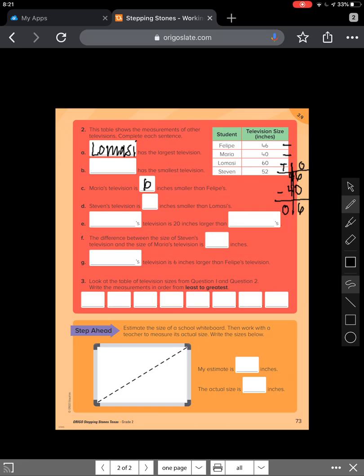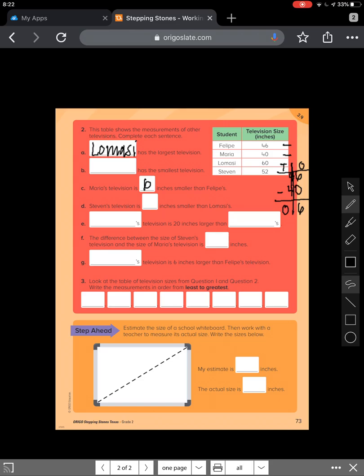Letter D says Steven's television is blank inches smaller than Loma's size. You can do the same thing as I did with C with Maria and Felipe. You're going to subtract because they're wanting to know how much smaller. Letter E says blank's television is 20 inches larger than blank's. So now you're going to go through and figure out who has the difference of 20 inches.